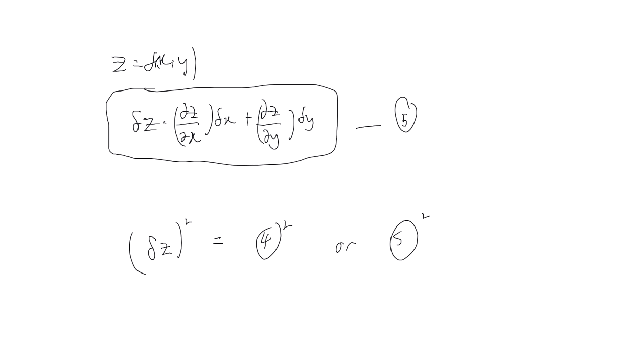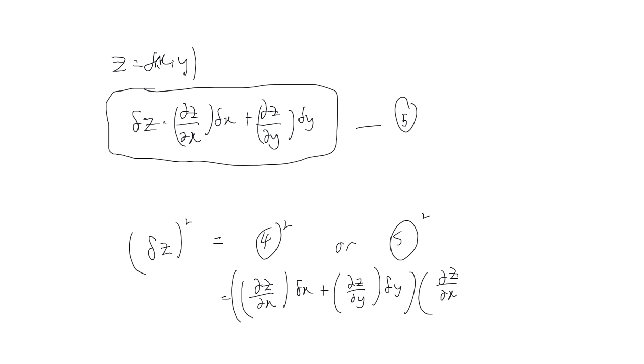So if I square number 5, that is round z over round x delta x plus round z over round y delta y, all squared.